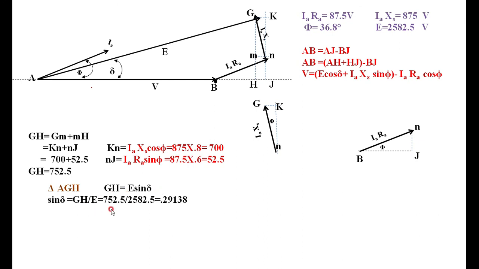GH is equal to E sin delta. Therefore the delta we get here is 16.94. If you know delta, you can substitute here, and then V is equal to 2925.44. In triangle AGH, GH is the opposite side, so GH is equal to E sin delta.